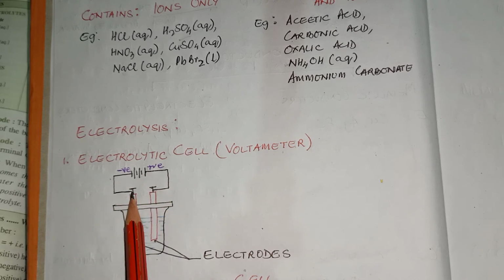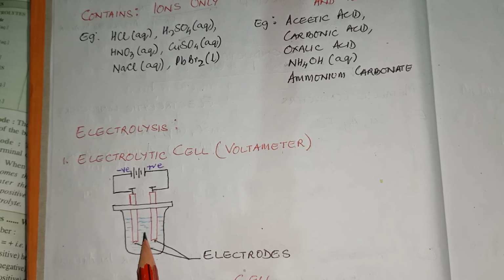That electric current from the external source enters the electrolytic cell through the electrode and dissociates the electrolyte which is used over here, and this electrolyte now carries electric current from this electrode to this electrode, and thereby they form a closed circuit.